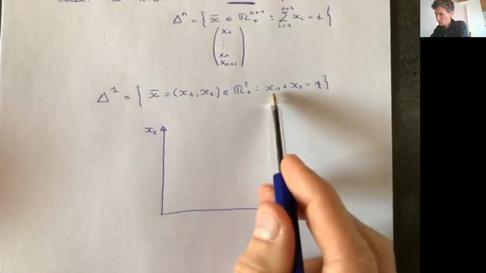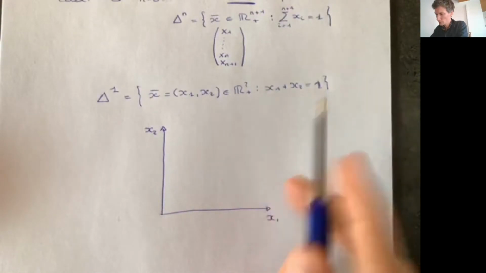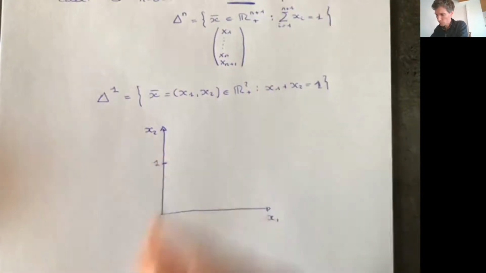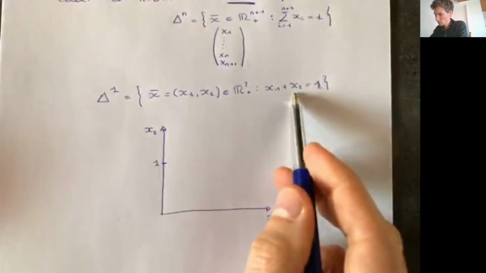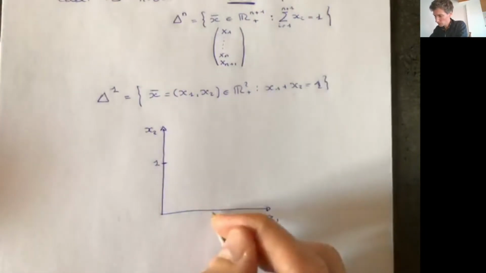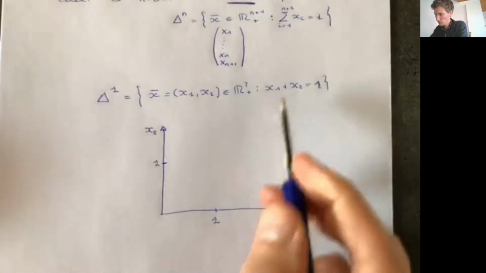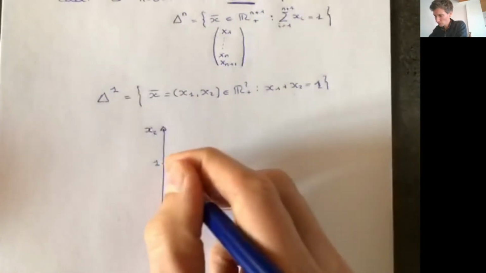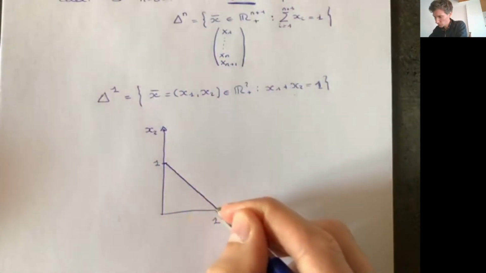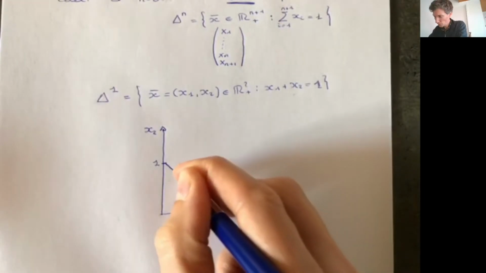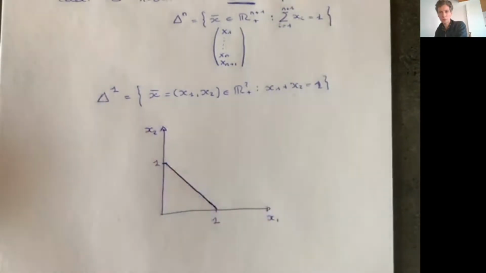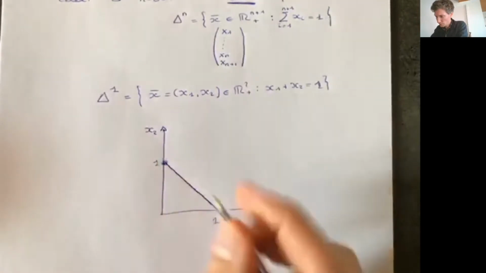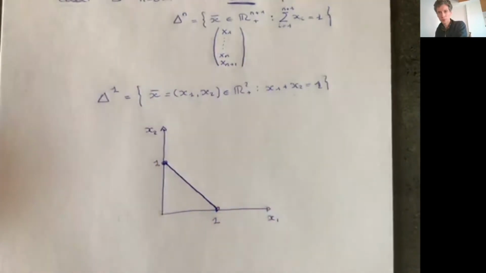If x1 is equal to 0, then x2 is equal to 1. If x2 is equal to 0, then x1 is equal to 1. So this point should also be in there, and then delta 1 contains all the convex combinations of these two points. So basically it's this line here, with this endpoint and this endpoint.